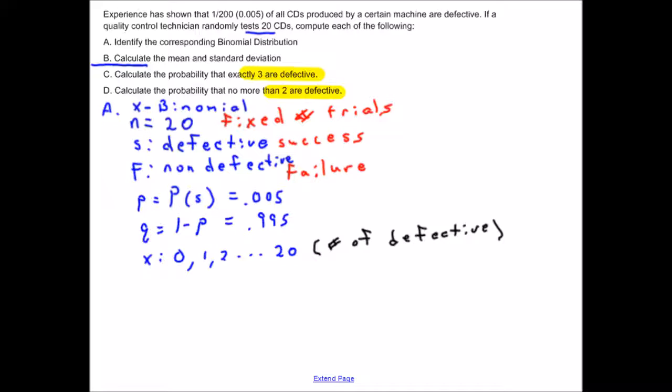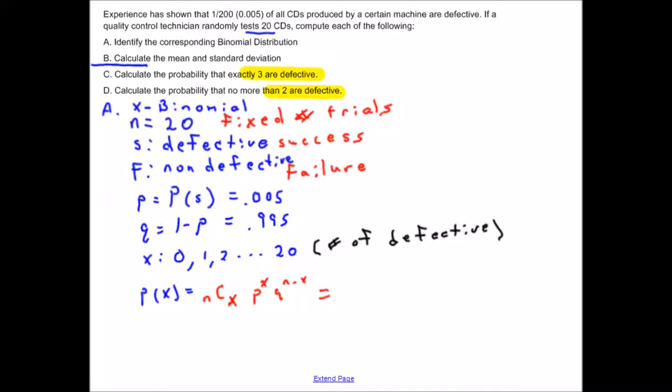And then last, you have the probability function itself. Default formula: N choose X, P to the X, Q to the N minus X. That's just the formula.